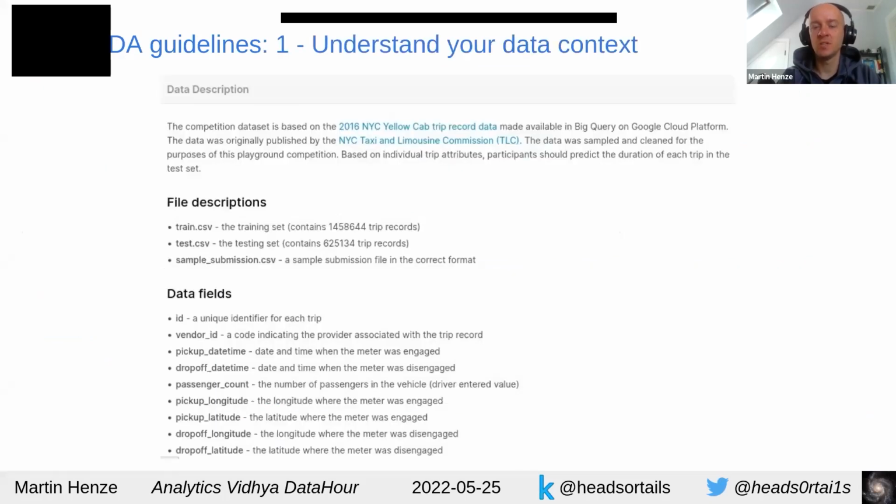The first one would be to start out by understanding your data context. Where does your data come from? What are the features? What do they mean? On Kaggle, it's relatively nice because the data is cleaned up and prepared for you, and there's always a description that tells you what the context is. Just read everything that's related to the data.